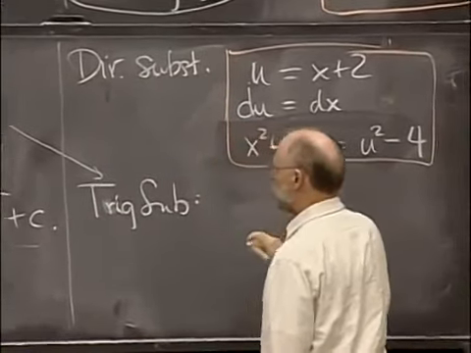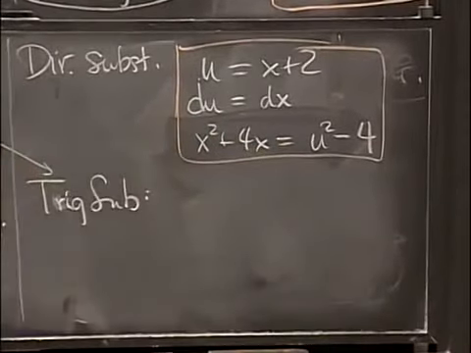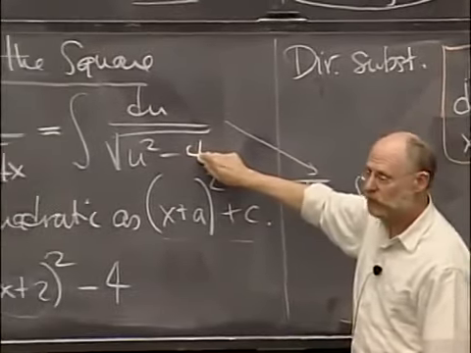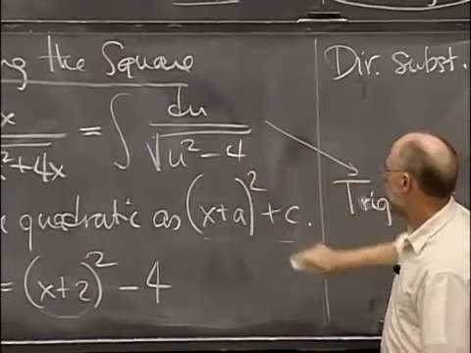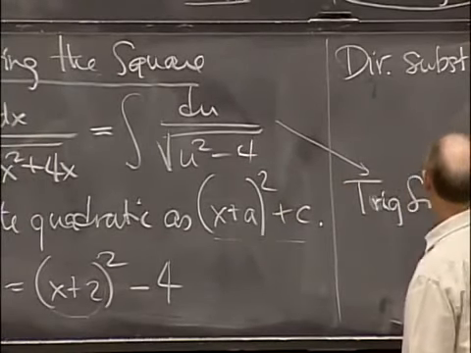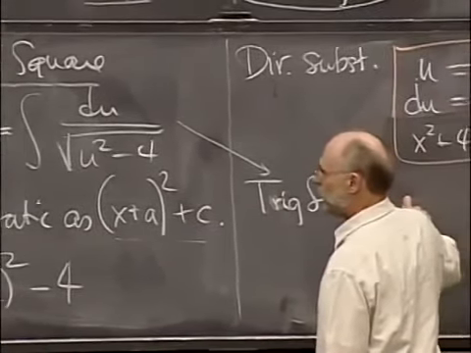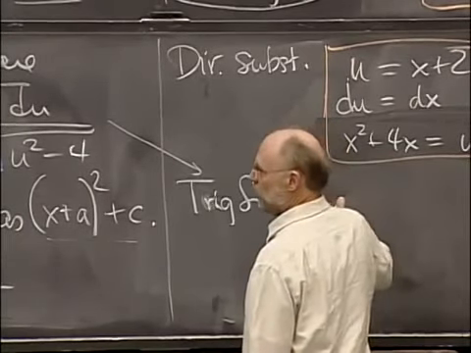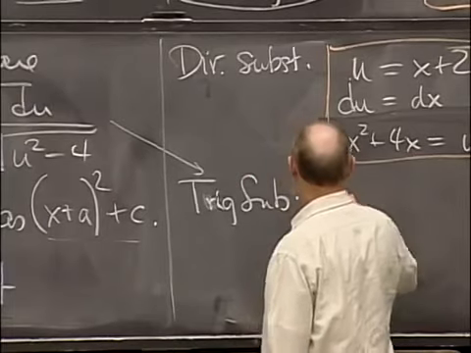And the trig substitution that's suggested is, according to the bottom line, with a equal to 2, so a squared is 4, the suggestion is I should take x, but I'd better not use the letter x anymore. I don't have the letter x, I have the letter u.